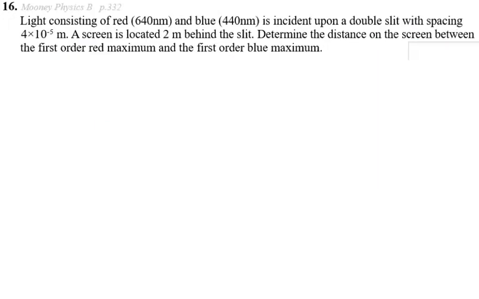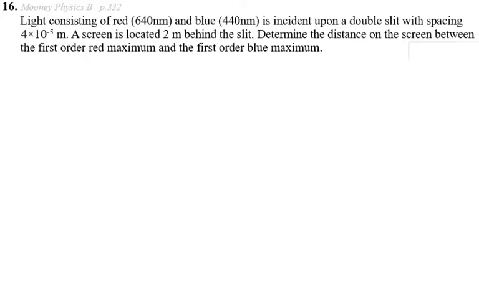In this question, they say light consisting of red, with wavelength 640 nanometers in vacuum, and blue, 440 nanometers in vacuum. So you see the blue one has a shorter wavelength as compared to the red one. It is incident upon a double slit with a spacing of 4 times 10 to the negative fifth meters.